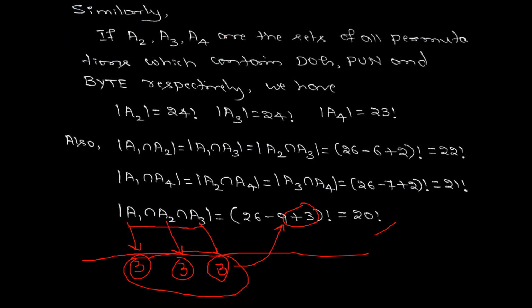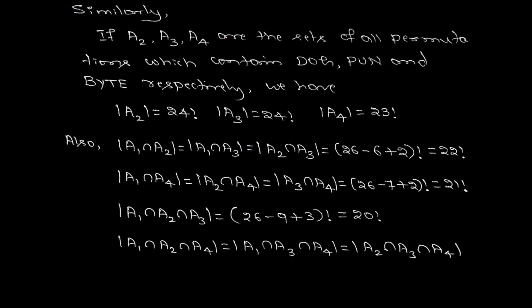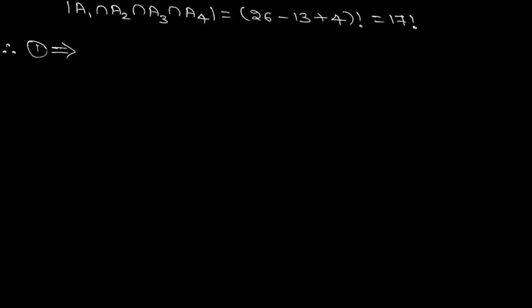In the same way, for the other possibilities of 3 combinations, this, this and this, in all of these we have A4. Because of this A4, which contains the 4-letter word BYTE, we need to remove 10 letters and add 3 blocks, 3 words, 3 blocks, which gives the answer 19 factorial. Now one more possibility is there, the intersection of all 4.